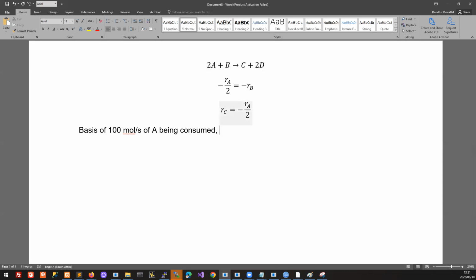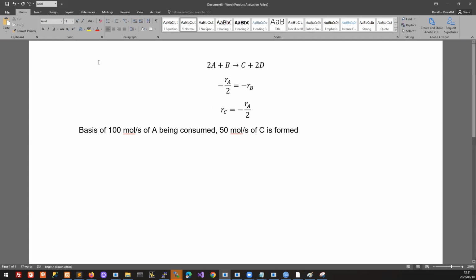We can say 200. No, not 200. Let's work with C, right? Not A. I want a pair with the different stoichiometric coefficients. So for every 100 moles per second of A being consumed, 50 moles per second of C is formed.